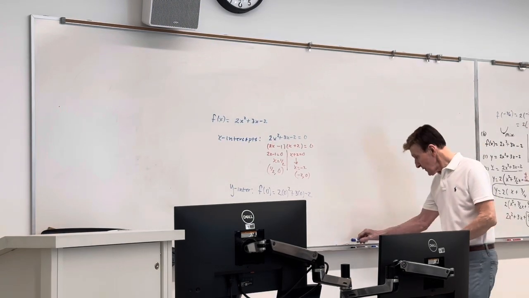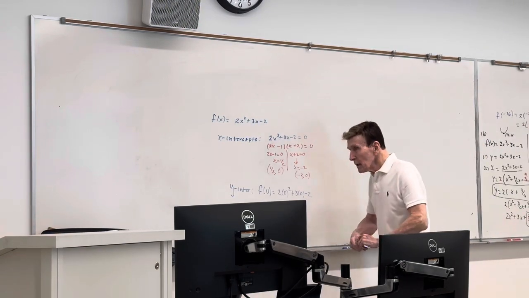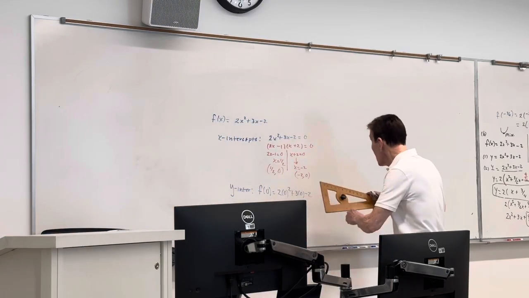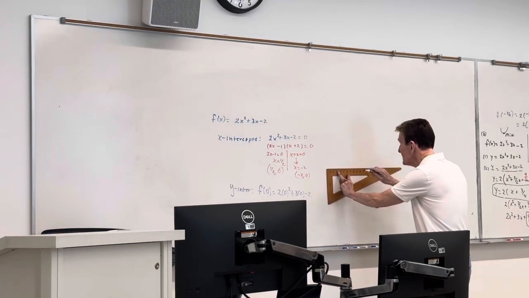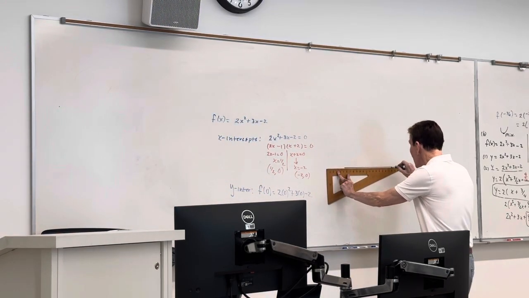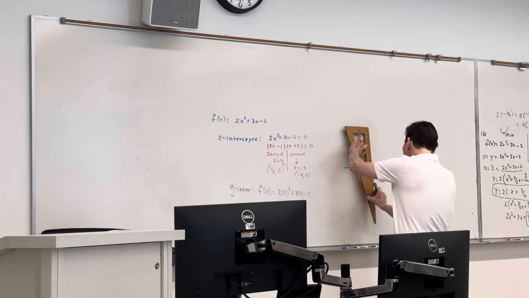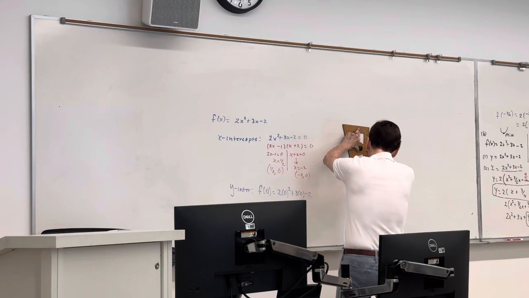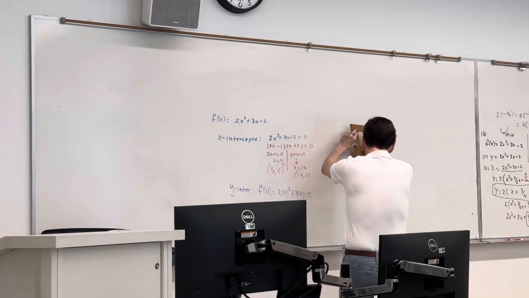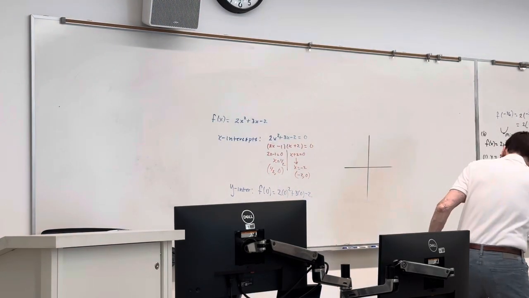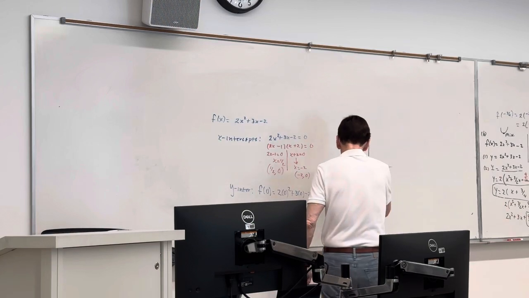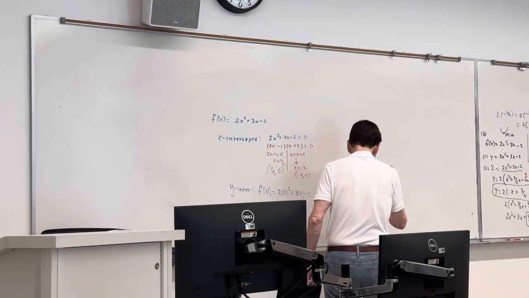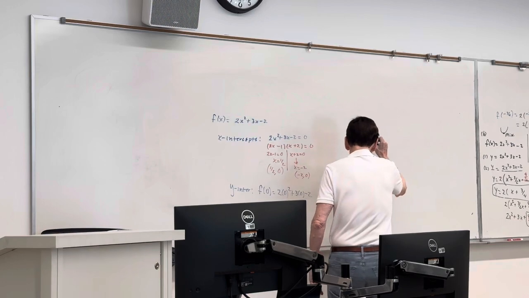Hey guys, we'll do this, and then we're going to take a break here. Let's see what this may look like. Okay, on the grid, this x and the y.